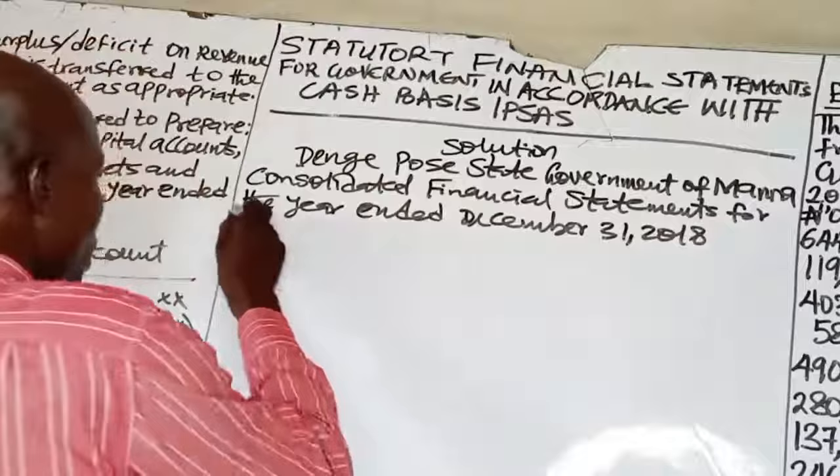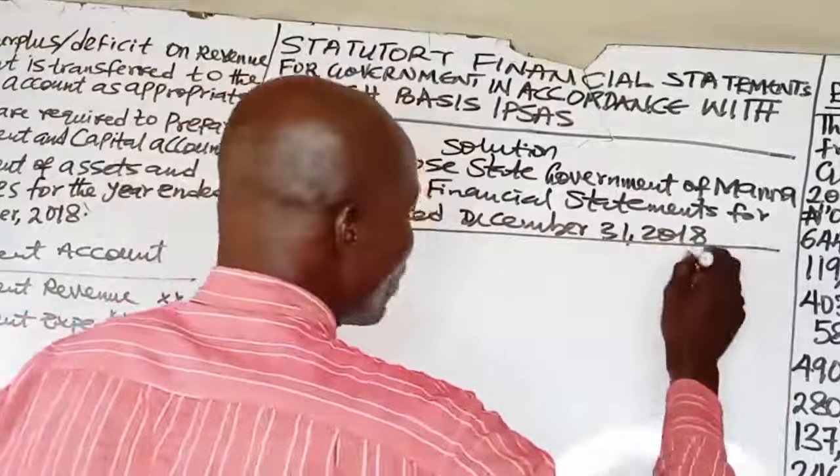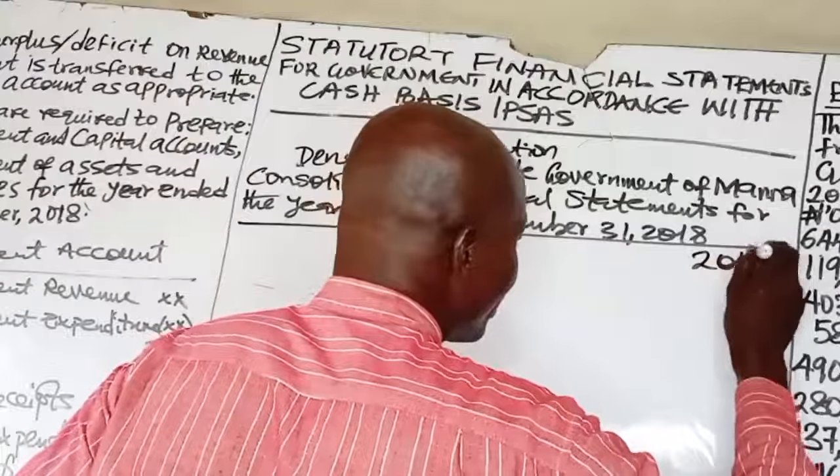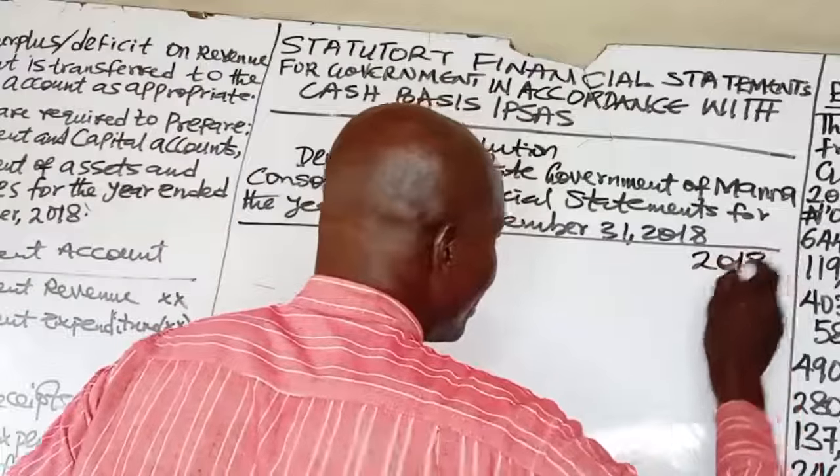So we will have a column for 2018, then 2017 as a comparative figure, amount in thousand.